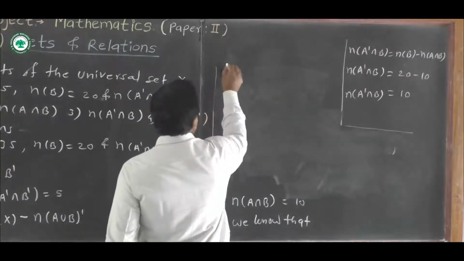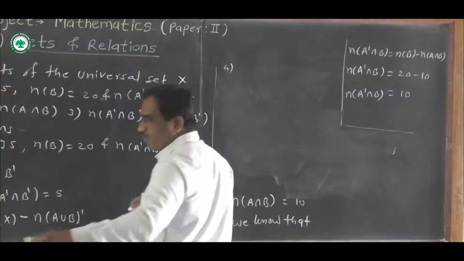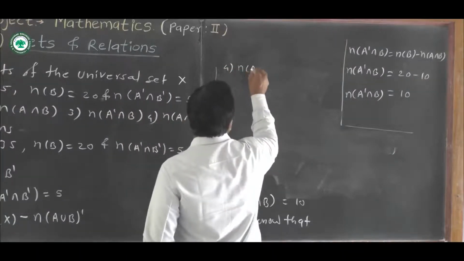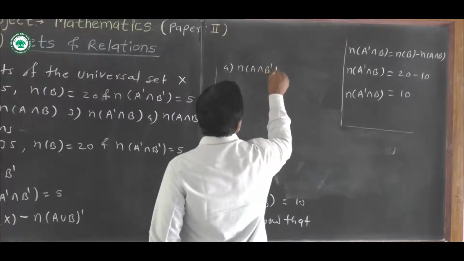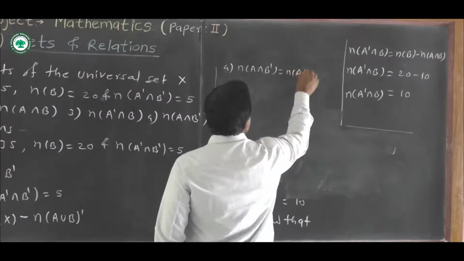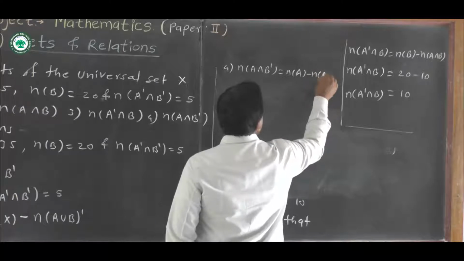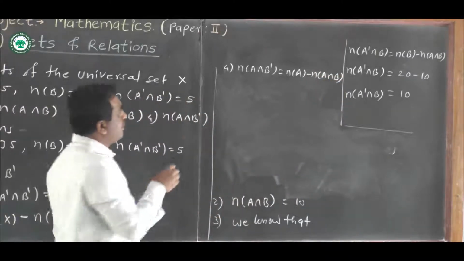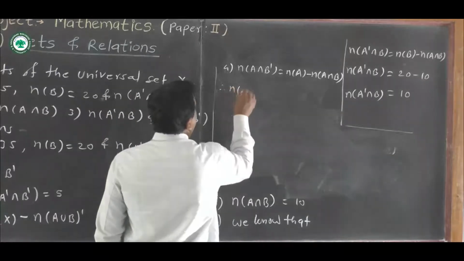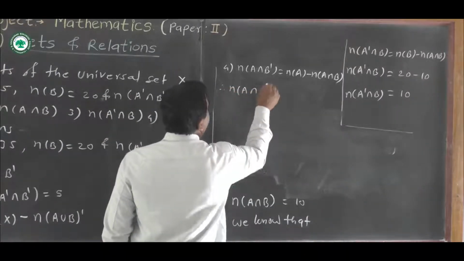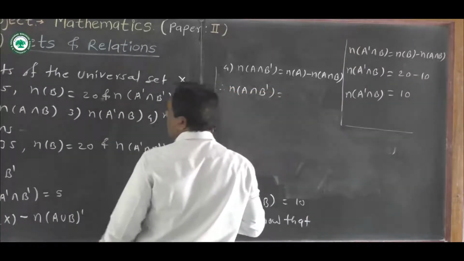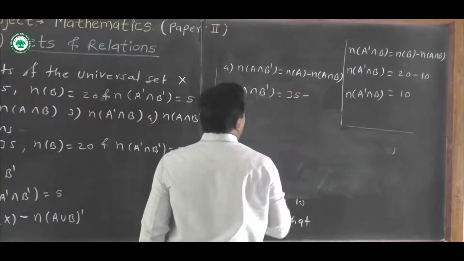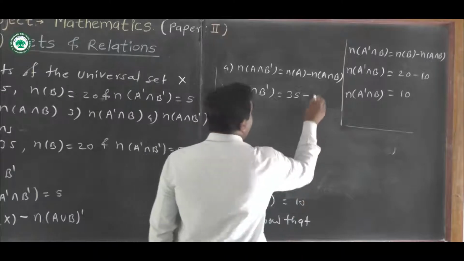Now number 4. Also we know the formula for the number of A intersection B dash. Number of A intersection B dash is equal to number of A minus number of A intersection B. Therefore, number of A is 35 minus number of A intersection B, which is 10.